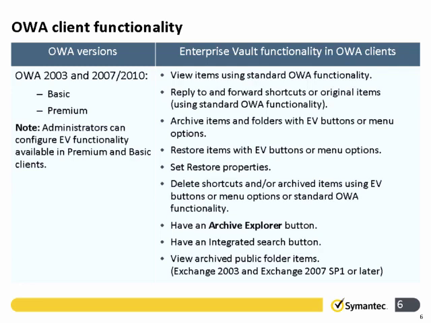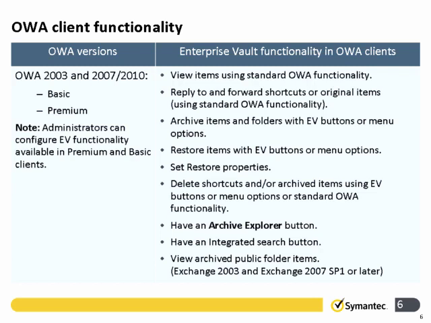Now, the actual functionality that's going to be provided by Enterprise Vault in an Outlook Web Access client includes the ability to view your items, reply to, forward. If you're using shortcuts, or if you're not using shortcuts, you can use the Archive Explorer to do that. You can restore items with either buttons or menu options. You can set some of the restore properties that we saw in the earlier lesson in Outlook.